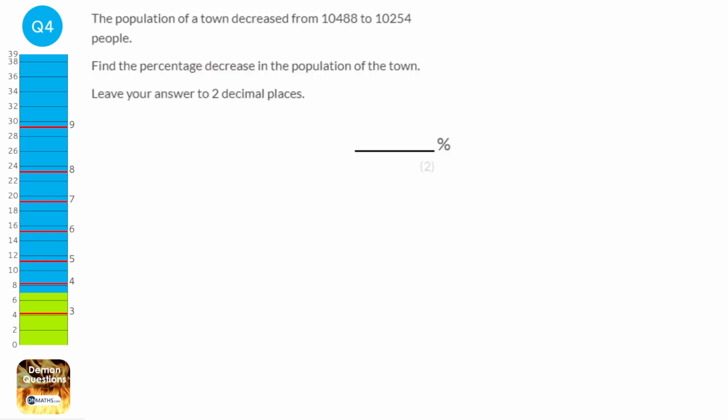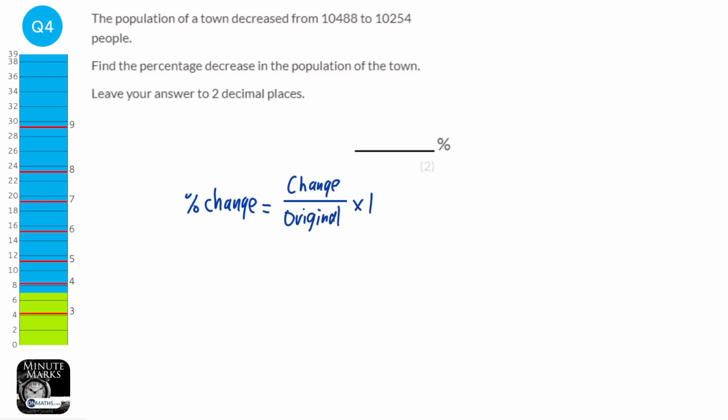There's a formula we use for this, and it is percentage change is equal to the amount that's changed over the original amount, and all of that times 100%. So how much has changed here?